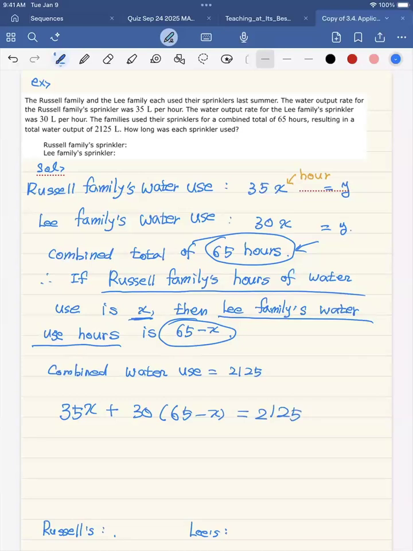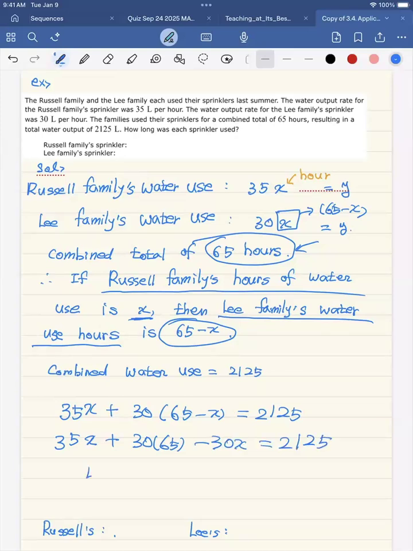Because Lee's time becomes 65 minus x, we have 35x plus 30 times 65 minus 30x equals 2,125.